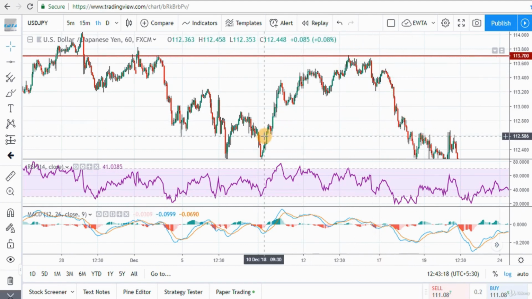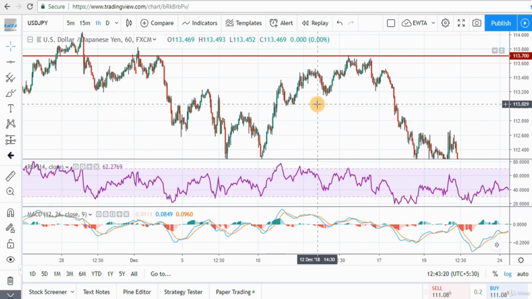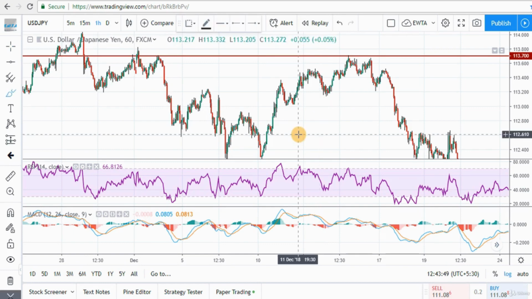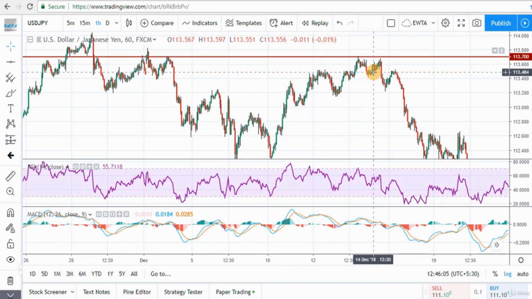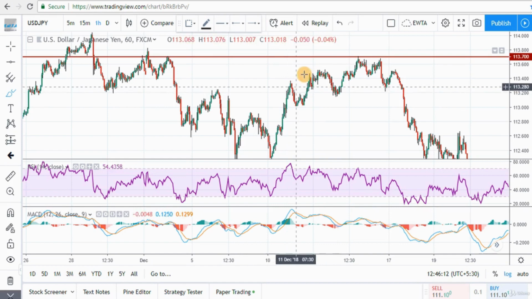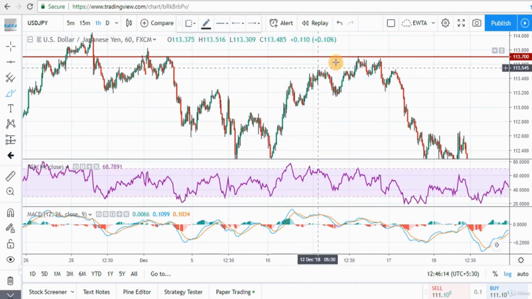So, when price and indicator are out of sync, it really requires your attention that something is happening on the chart, and this is called divergence. As we already know, divergence can be either bullish or bearish. A bearish divergence forms when prices make a higher high but indicators make a lower high. You can see here that these peaks are going in an upward direction.